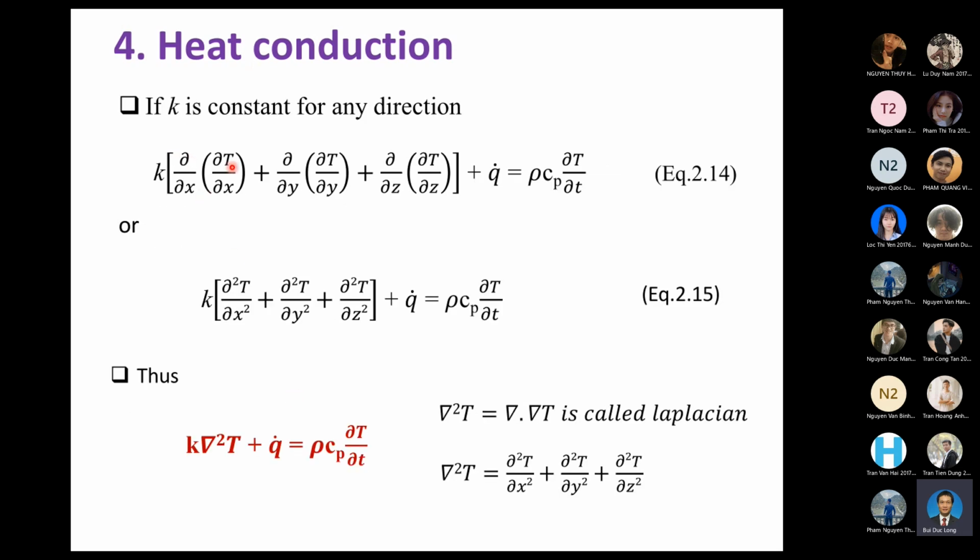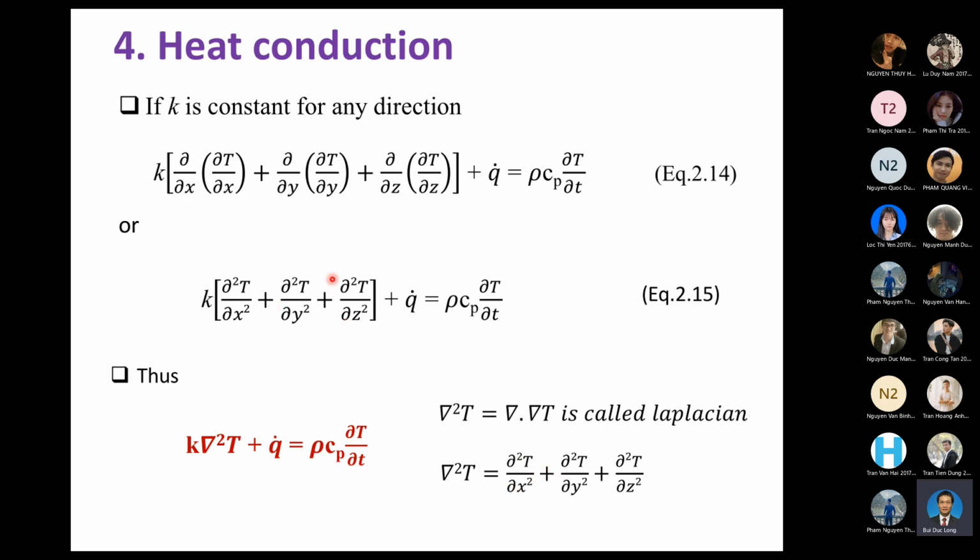We have k multiplied with this bracket, plus q dot, equal to rho c times this. The bracket contains second order derivatives, and all of these terms together are what we call the Laplacian.